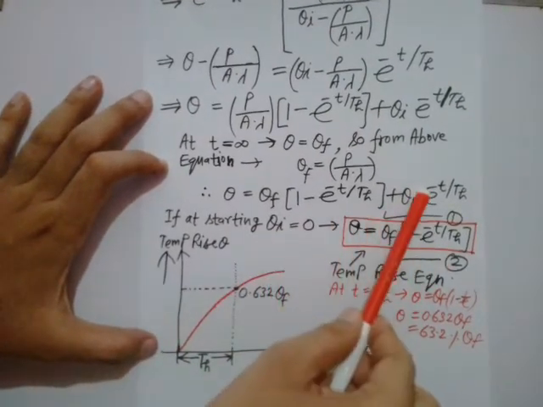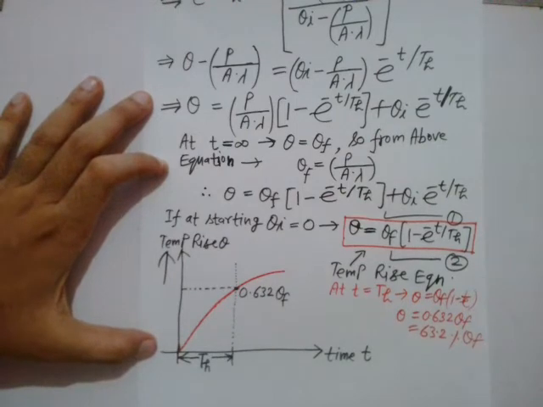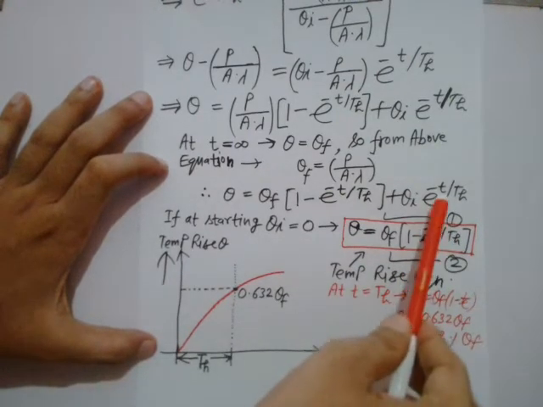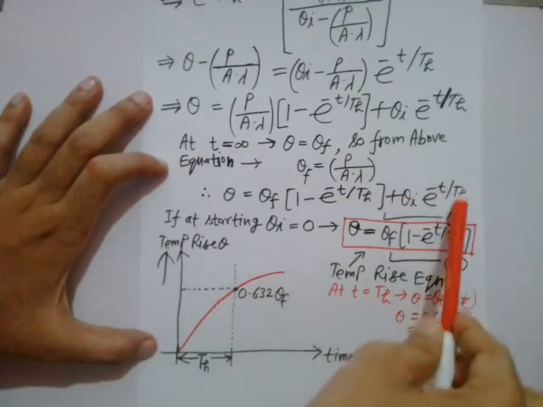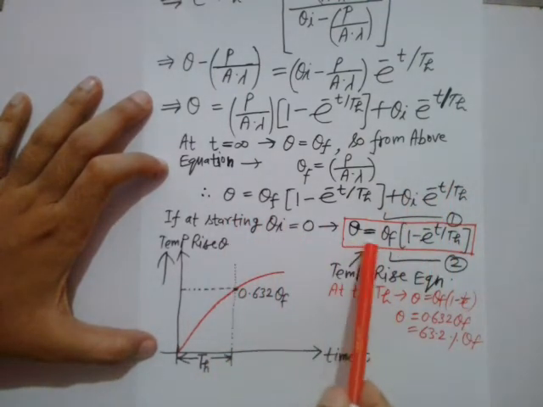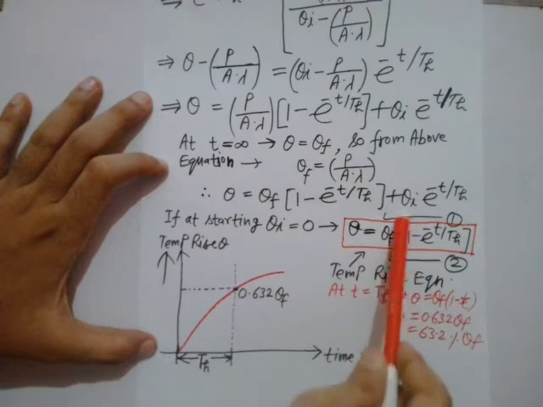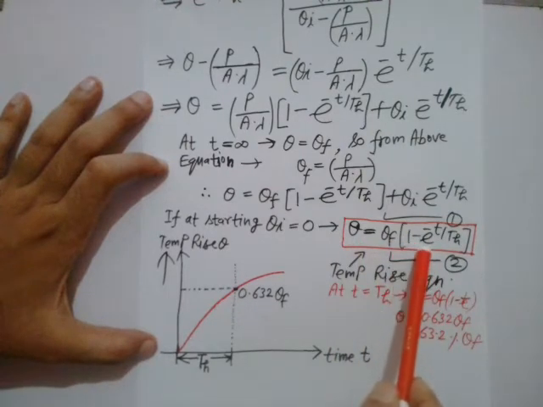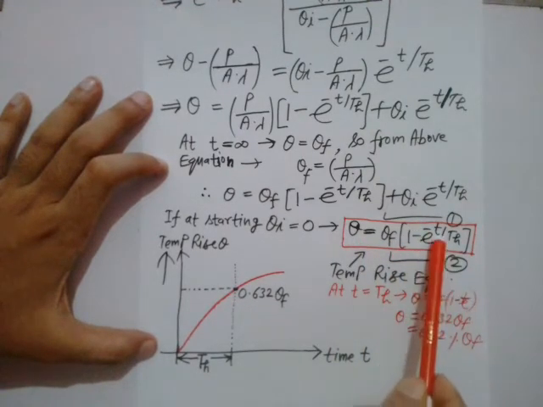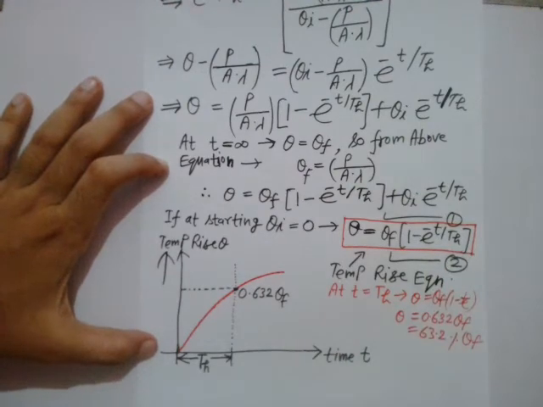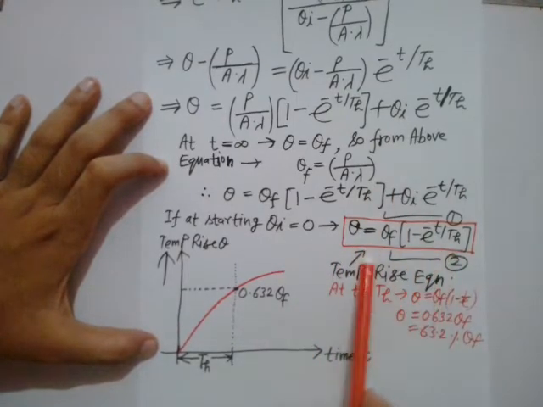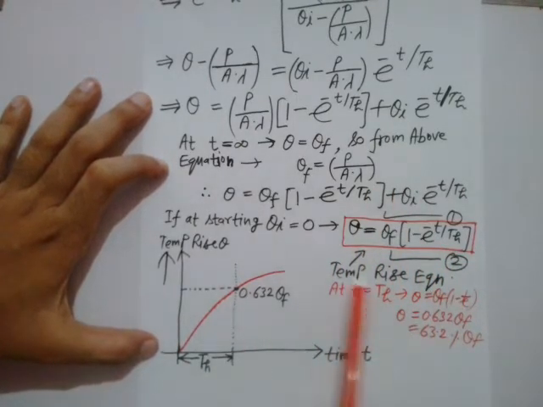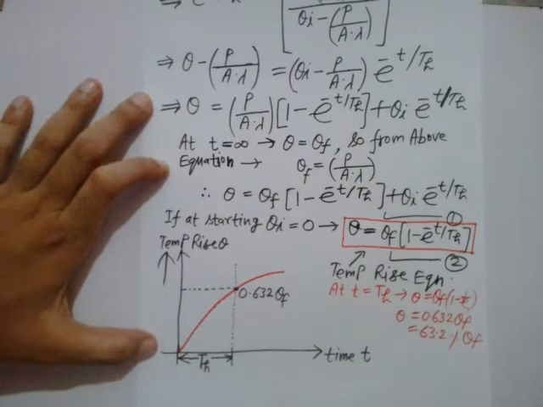So put theta I is equal to 0. Then the second term will become 0, and finally you are left with theta is equal to theta f into the bracket (1 minus e to the power minus t by tau h), right? So this is, suppose, equation number 2, which is the final temperature rise equation, all right?